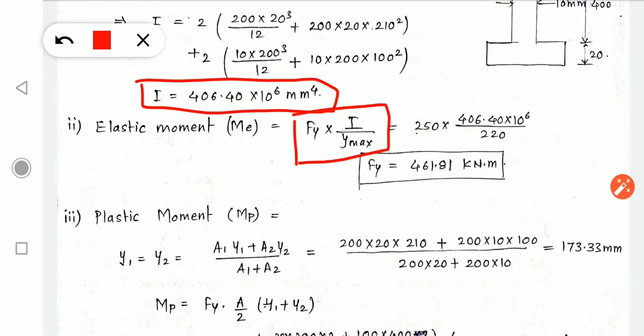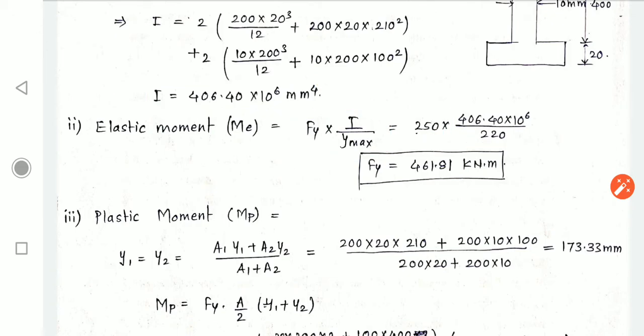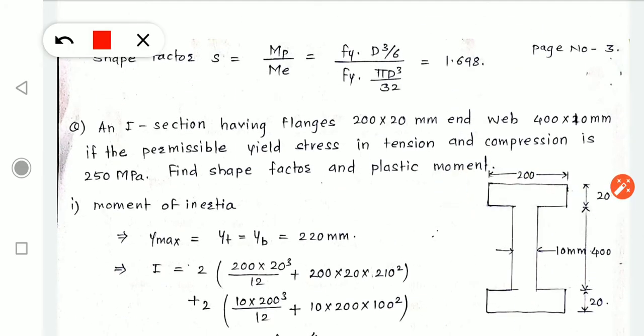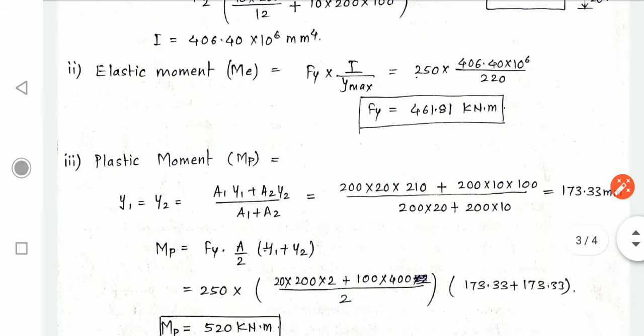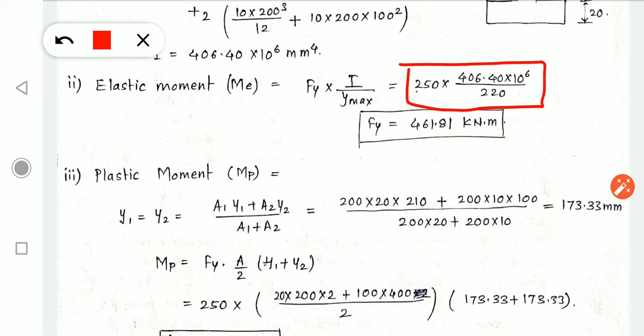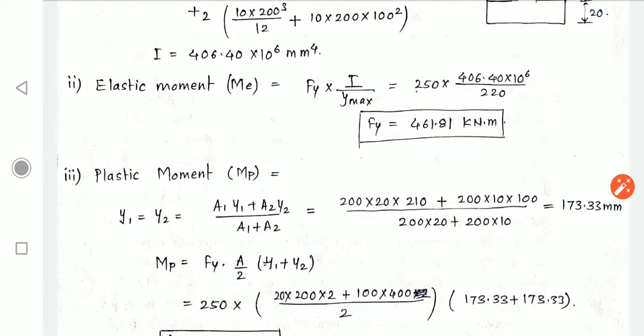I we have, Y we already calculated as 220, and Fy is given in the problem: the tension and compression is 250 MPa. We put that value in our calculation: 250 into 406.40 into 10 to the power 6 divided by 220.